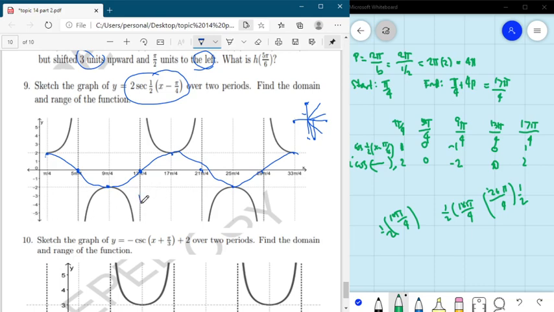In this case, your domain excludes the vertical asymptotes.